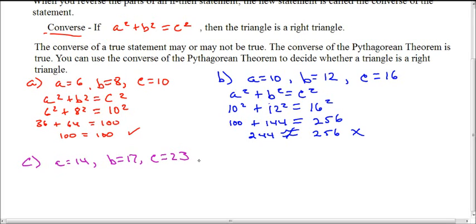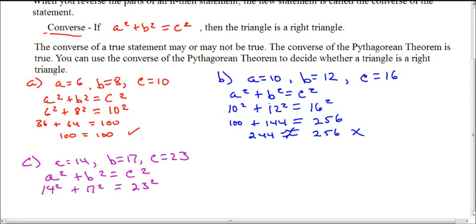And we want to determine if it's a right triangle. So a squared plus b squared is equal to c squared. So we're talking about 14 squared plus 17 squared must equal 23 squared.